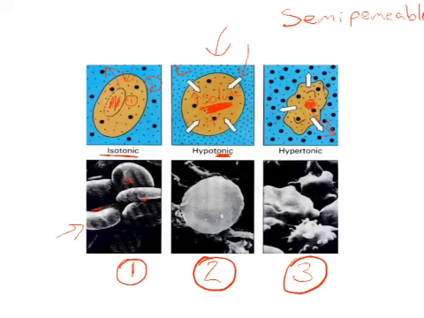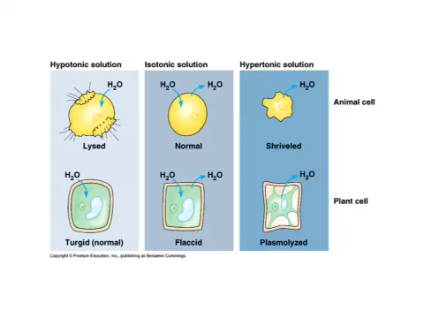Water's leaving because the solutes can't come in, because normally they would go from high to low solute concentration. They can't in this case, so your water has to come out, and they shrivel up. And here you see the blood cells all shriveling up in a hypertonic solution. Remember, the word tonic means the solution, the liquid in which it's suspended, and hyper means elevated concentration of solutes, right? All right, so let's go on and take an even deeper look into this.